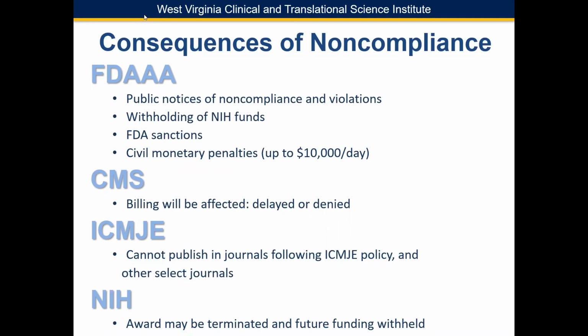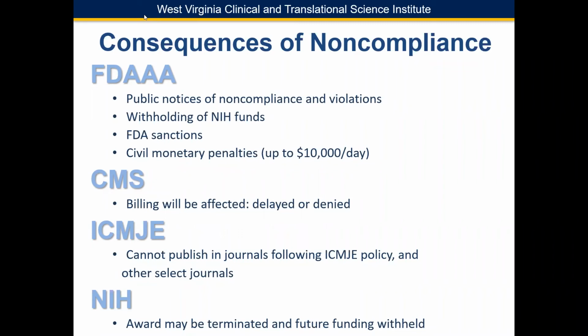And is this for not registering or for not publishing the results? It can be for either. It can be for not registering a full clinical trial or not publishing results. Anything else on that one?